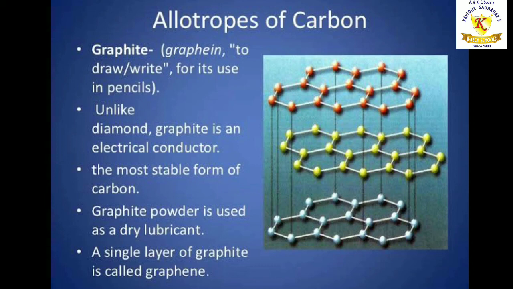Graphite powder is used as a dry lubricant. A single layer of graphite is called graphene. So children, this was all about the allotrope of carbon, that is graphite. Have you all understood, children? I hope so. Let's see the next one.